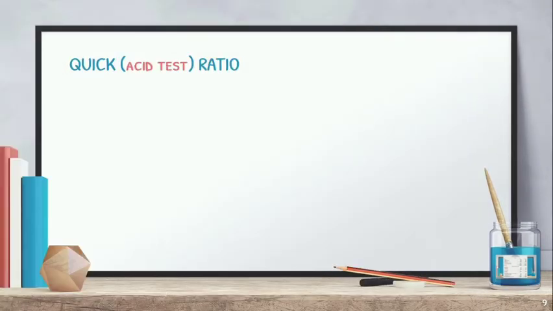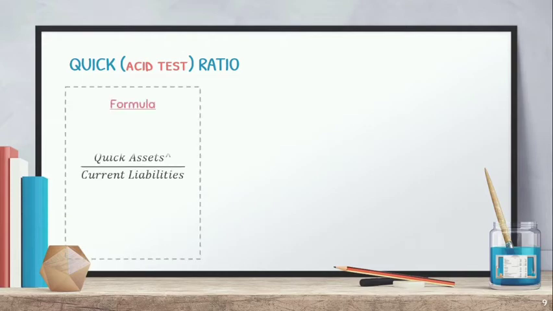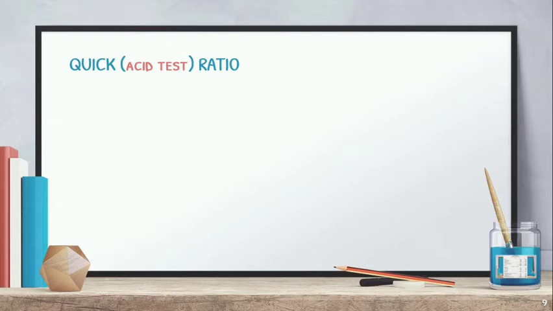So next we have the quick ratio, also known as the acid test ratio. Quick ratio measures the ability to pay our current liabilities using our most liquid assets. It is a better measurement of liquidity if our inventory cannot be easily converted to cash.